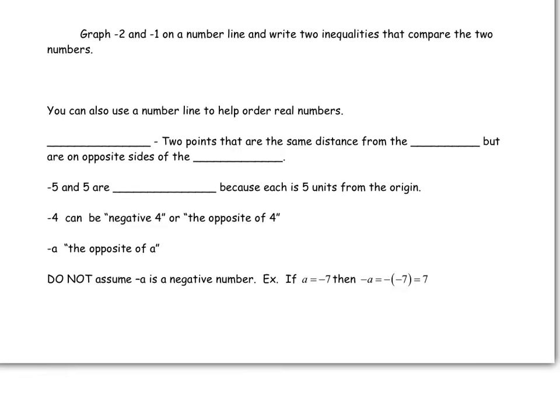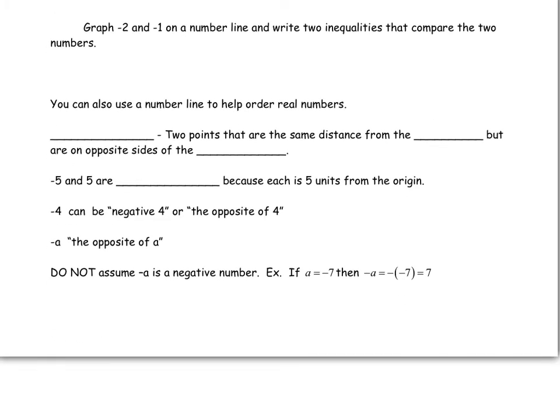Let's say we want to graph -2 and -1 on a number line, and then write two inequalities that compare the two numbers. Let's first graph it on a number line. So here's a number line. 0, 1. We got -1, -2, -3. There's -1.